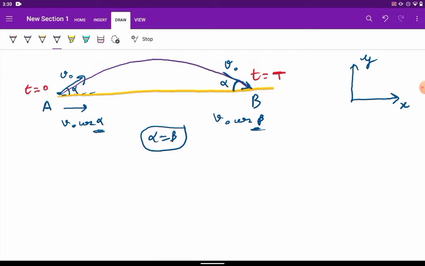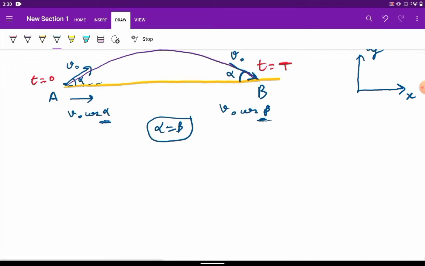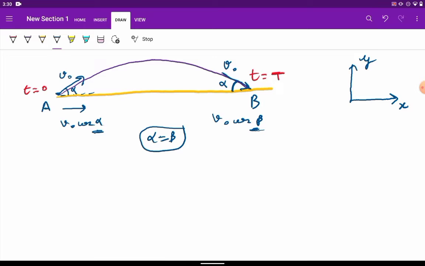Now it's very simple. We can solve for the vertical direction in order to get the time.